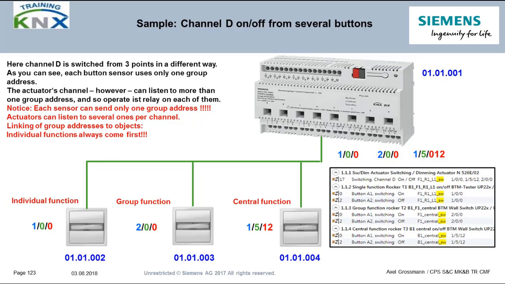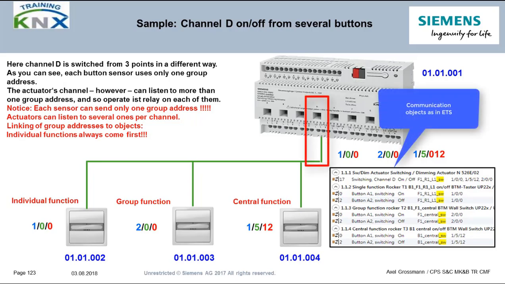Sample: Channel D on/off from several buttons. This example shall clarify how the control of an actuator channel is made correctly from various control points and with various group addresses. Channel D of the switch dim actuator on this picture is assigned to 3 different switching groups.